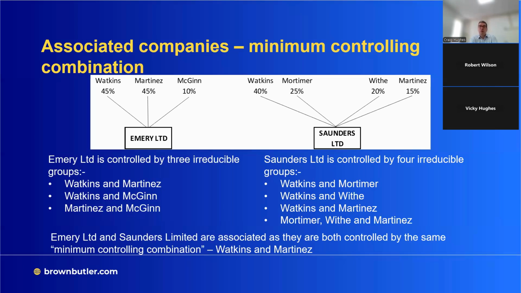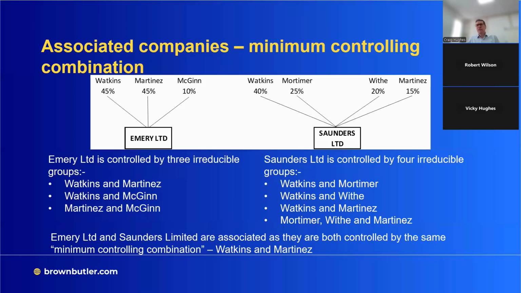So what we're looking at here is: is there a common minimum controlling combination which controls both companies? And in this case, there is, because Watkins and Martinez as a combination can control Emery, but they can also control Saunders Limited as well. So those two companies would be associated for the purposes of these rules.